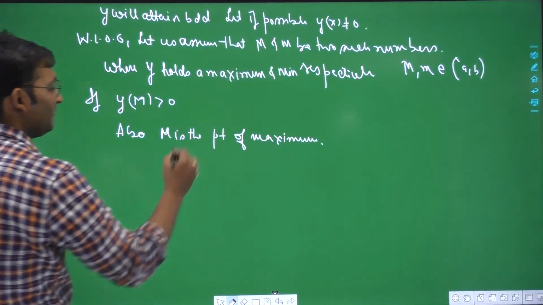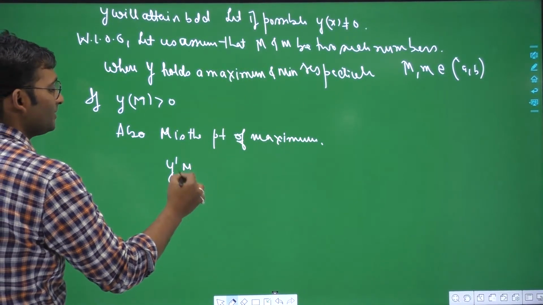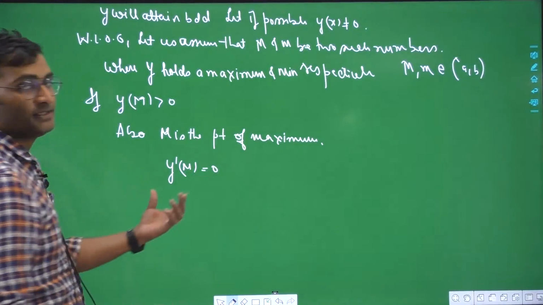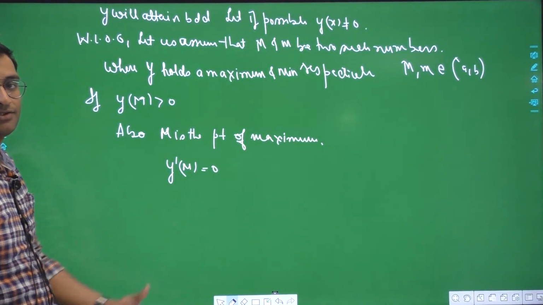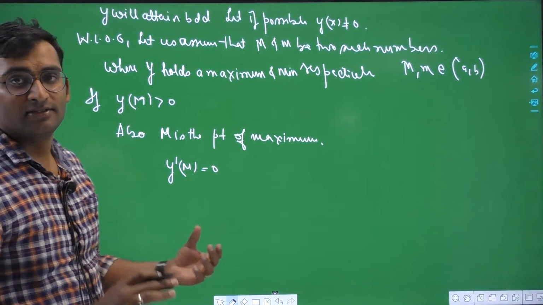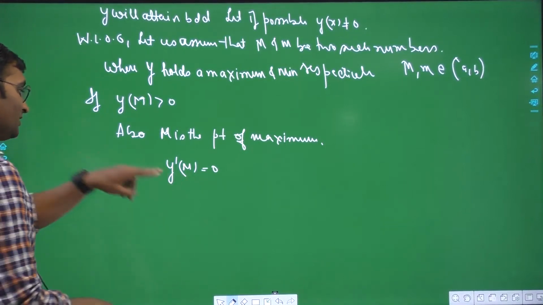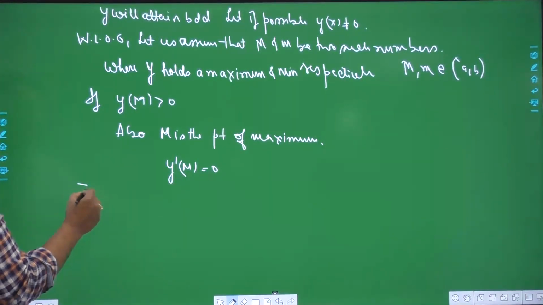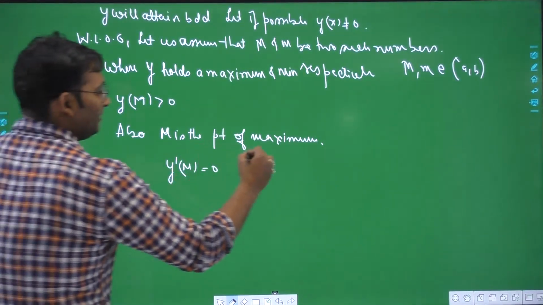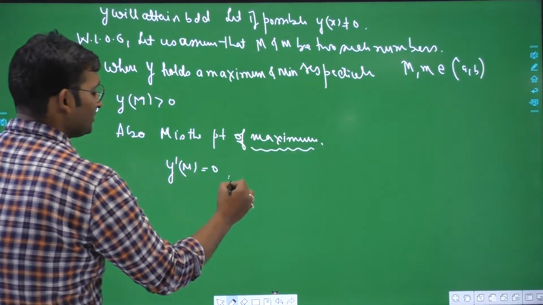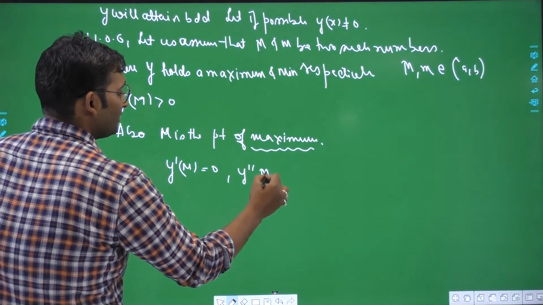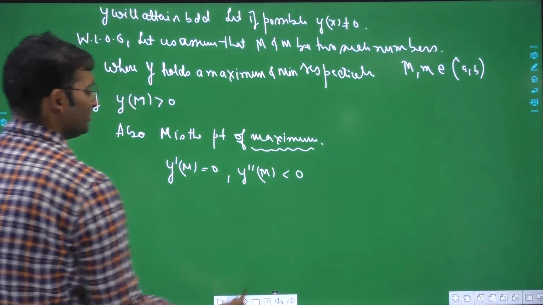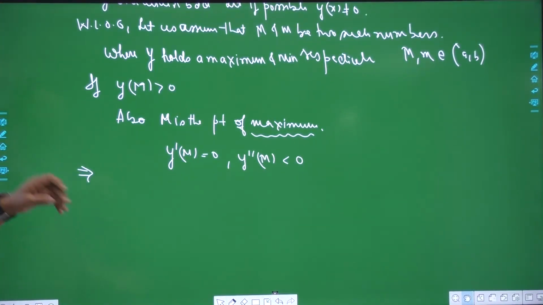Since M is a point of maximum, y dash M has to be equal to 0, the necessary condition for the existence of an extremum if a function has the derivative. So y dash M will be equal to 0. It implies, since M is a point of maximum, y double dash M has to be less than 0.